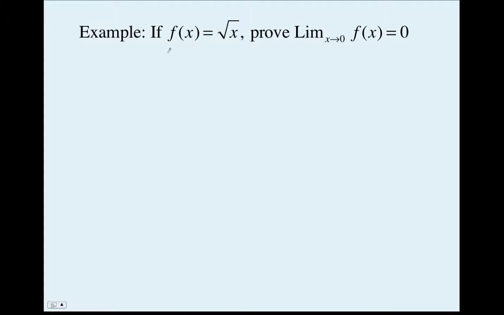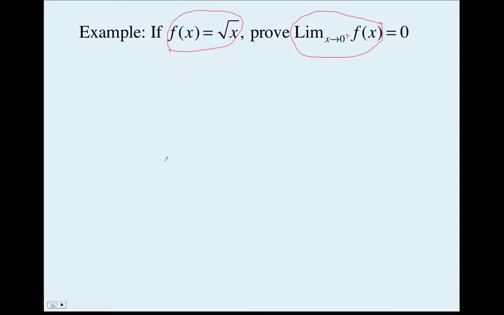Now, this is a little abstract, so let's take f of x equals square root of x as our function and prove that the limit as x tends to 0 from slightly positive values is 0. In other words, I'm not going to let x take negative values because then I'd get imaginary numbers.